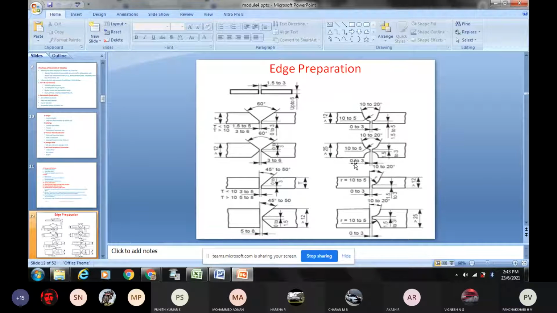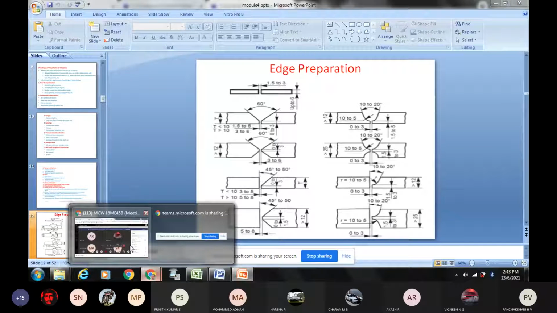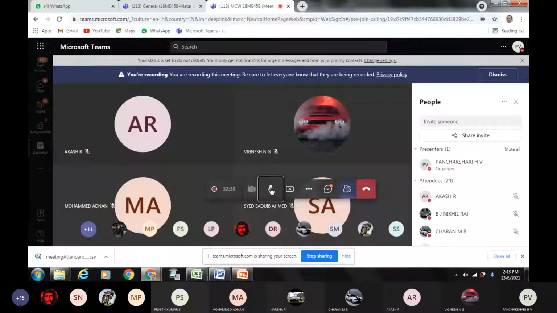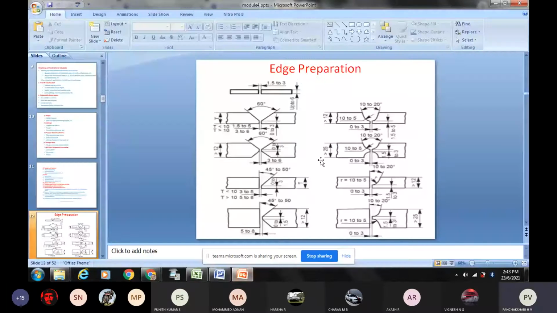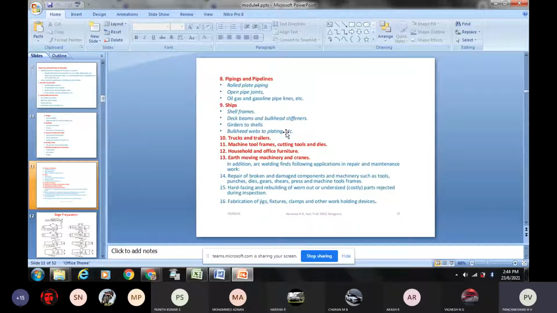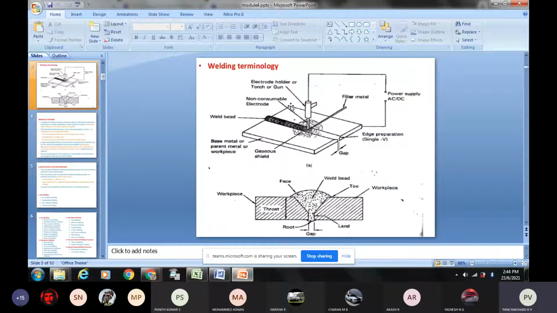Before carrying out the welding process, see, these are the two metal parts. Already I showed in the first diagram here: this is one metal part, part A, and this is part B. Simply we cannot take these two parts and start welding along the joint.